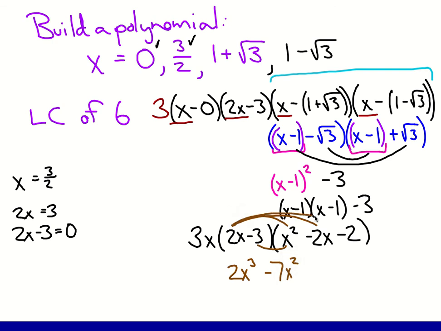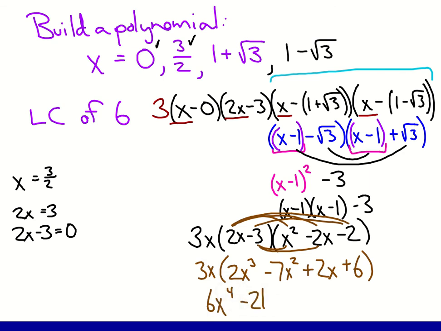Then minus 4x and plus 6x, so plus 2x, and then plus 6. Times 3x gives me 6x to the 4th power minus 21x to the 3rd power plus 6x squared plus 18x.